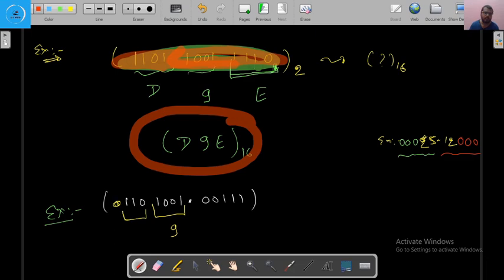So if we add 0 here, its value will remain the same. So this is 0 plus 4 plus 2, which is equivalent to 6.